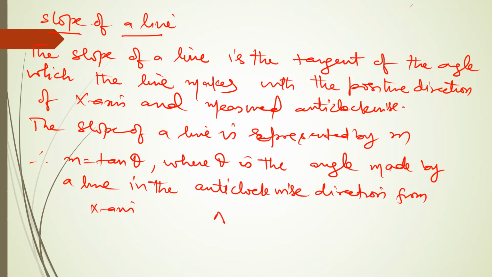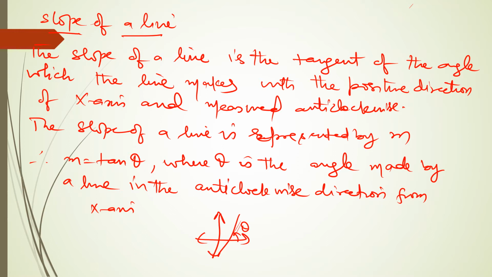We can understand by diagram. Here this is the line, this is the angle theta. Here this line makes an angle theta with the positive x-axis. So this theta is the angle made by the line in the anti-clockwise direction from the x-axis.